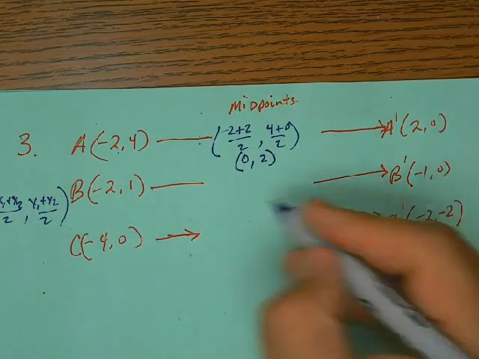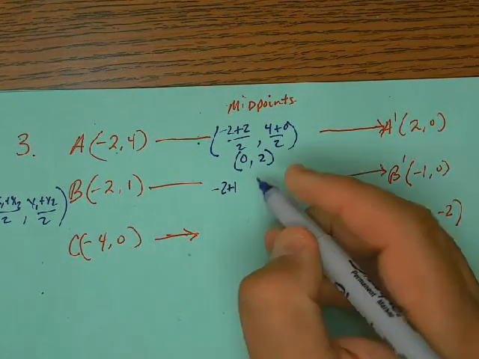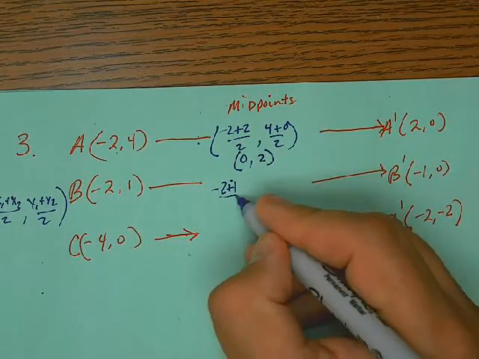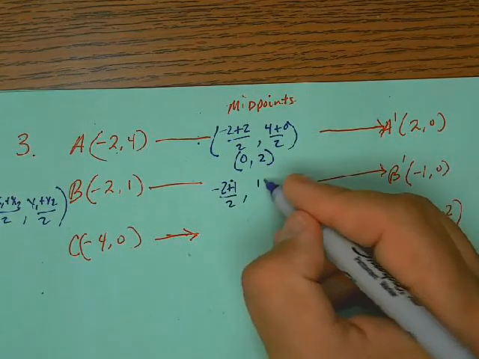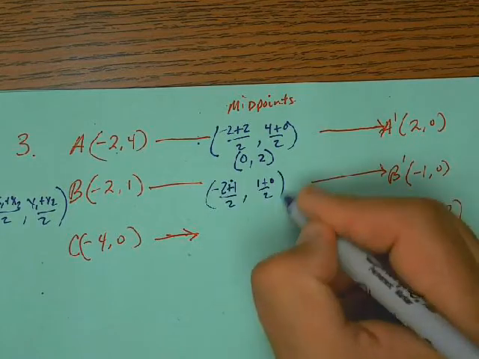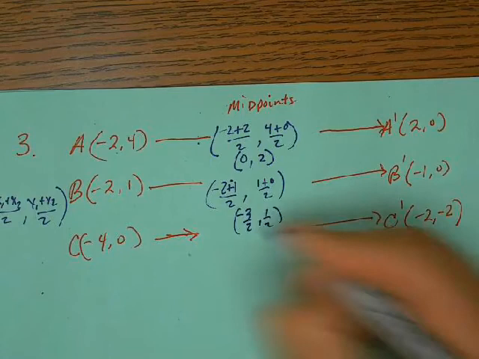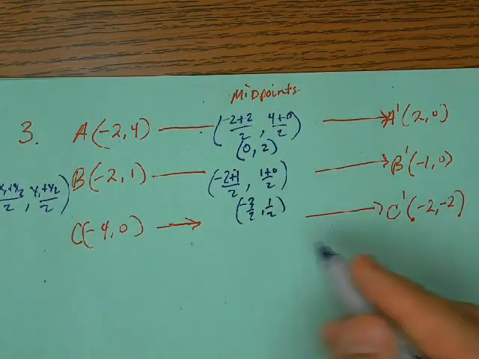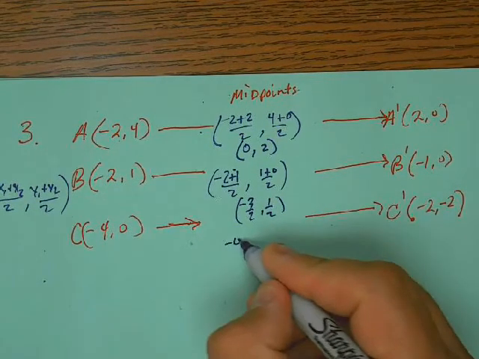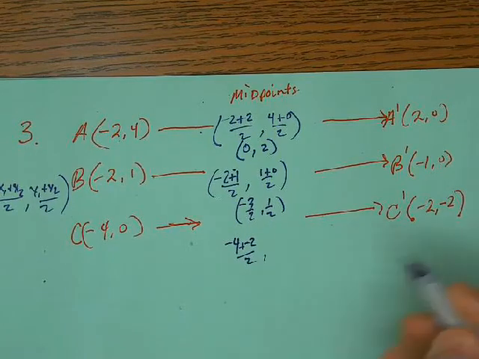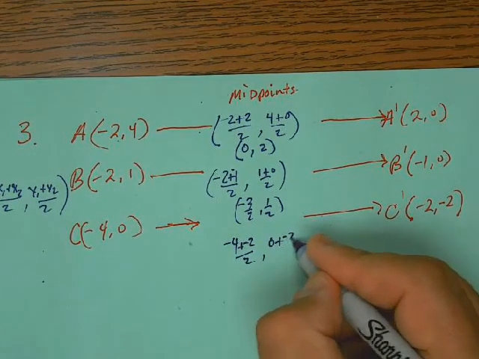Do the same thing here. -2 plus -1 over 2 and 1 plus 0 over 2. We end up with -3 halves and 1 half. And C, last one, -4 plus -2 over 2 and 0 plus -2 over 2.